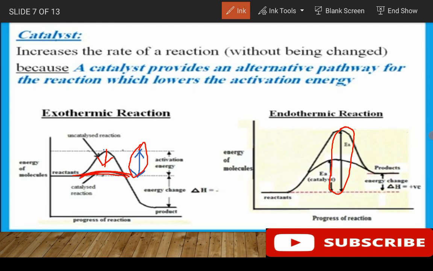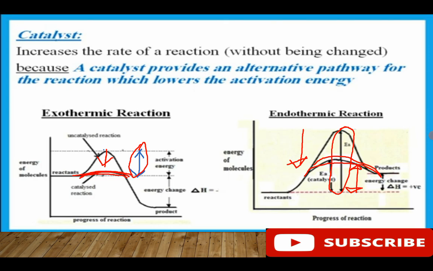So what the catalyst is going to do is to bring this one a bit lower down, so that now the energy required is just going to be this part here. Right? Then the reaction will proceed without any problems. That's the use of the catalyst to speed up a chemical reaction. Very important.